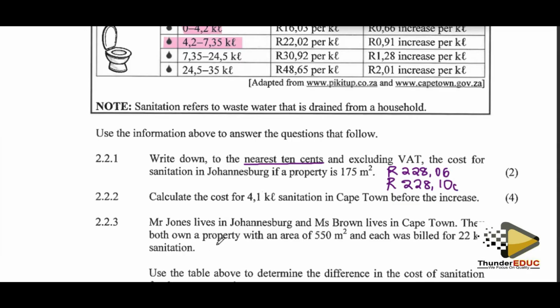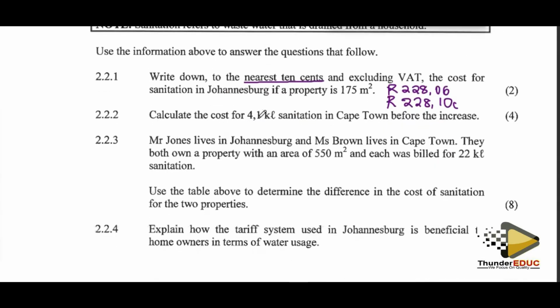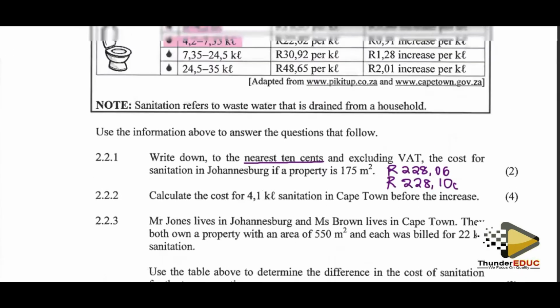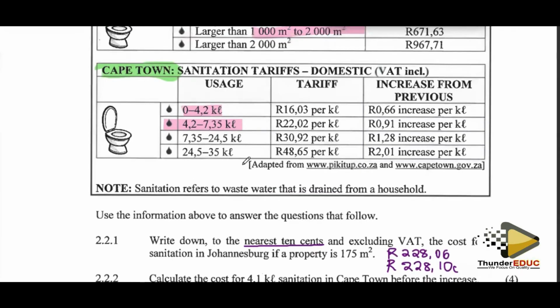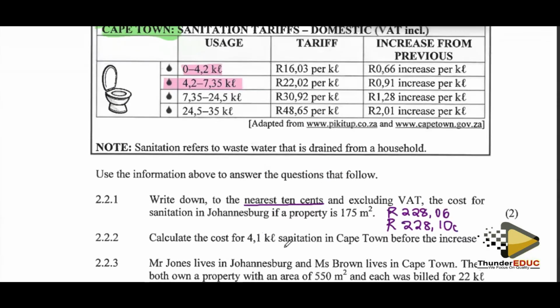Okay. We go. Calculate the cost of 4.1 kiloliters in Cape Town. In Cape Town we don't look at the area, it looks at the kiloliter, and they said before the increase. So take note that these prices are after an increment of 0.66.